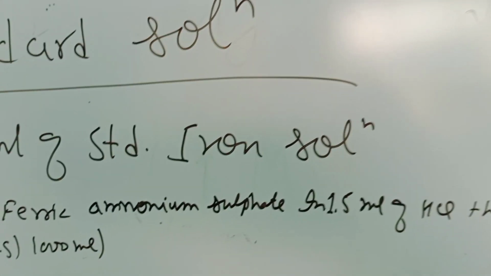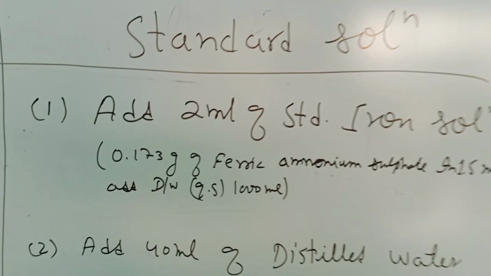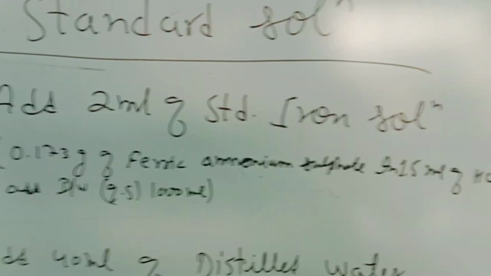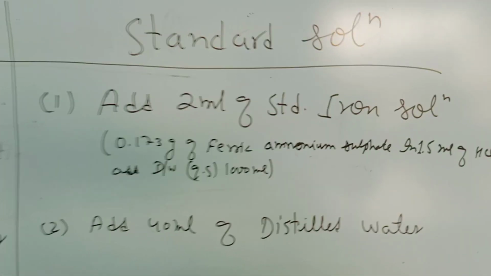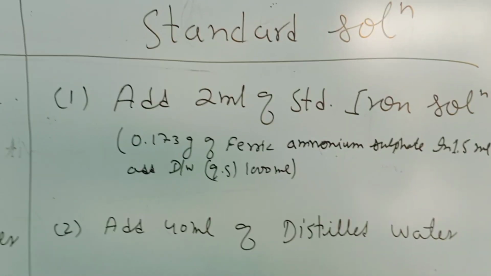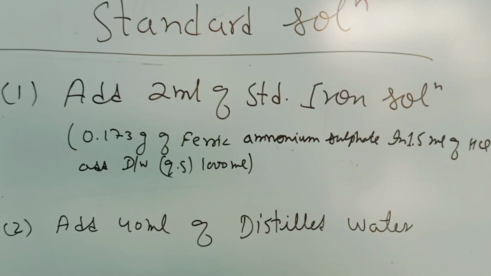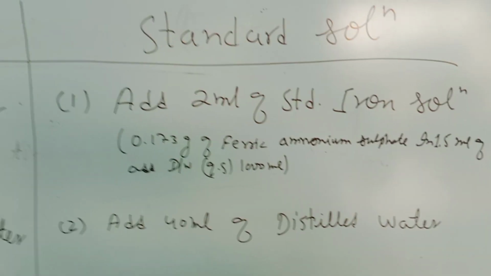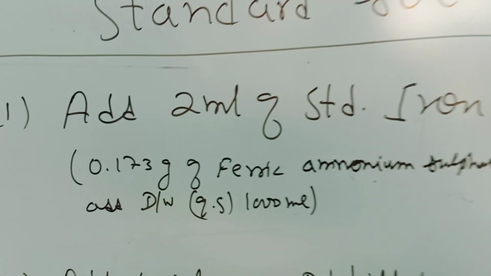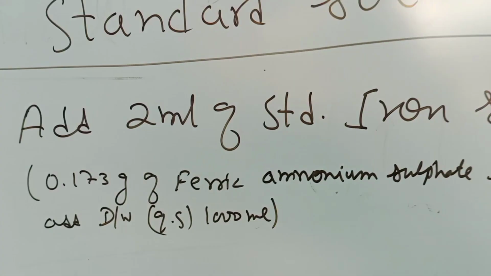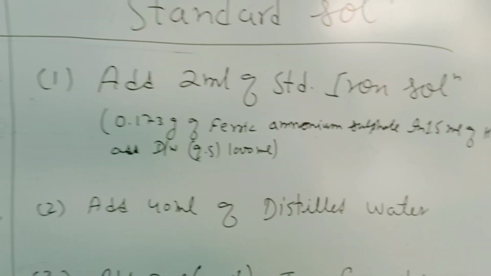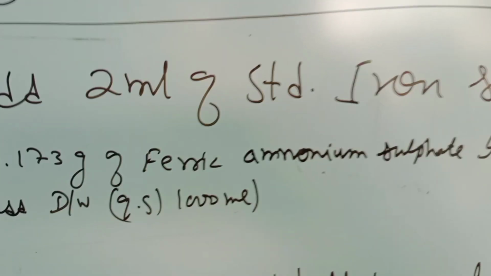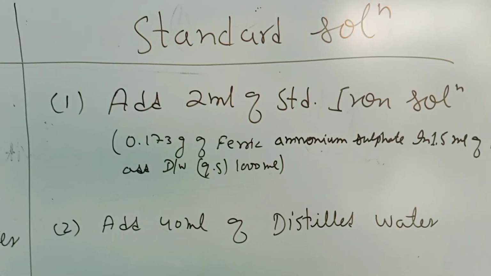When we have mixed and dissolved the 0.173 grams of ferric ammonium sulfate in 1.5 ml of hydrochloric acid, then we add distilled water to make 1000 ml. That is, we add a quantity sufficient of distilled water to have a final volume of 1000 ml, that is, 1 liter.